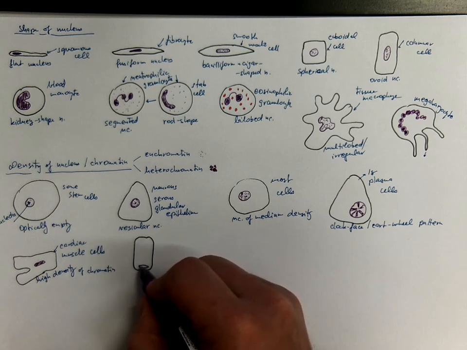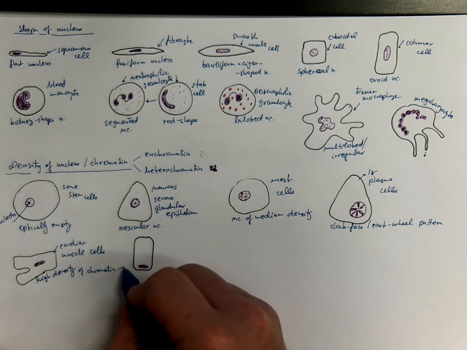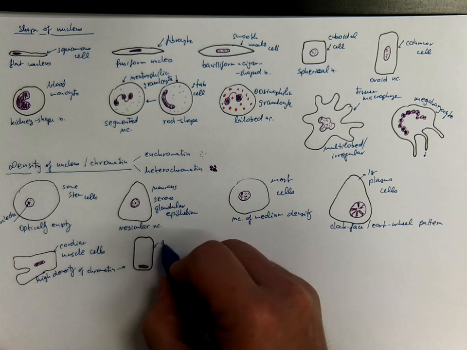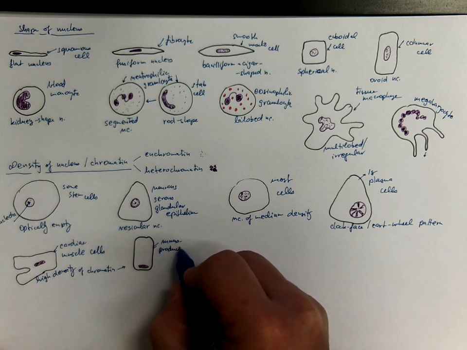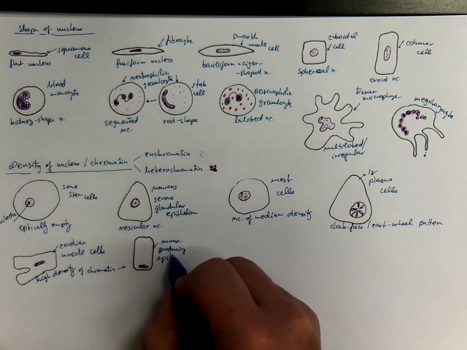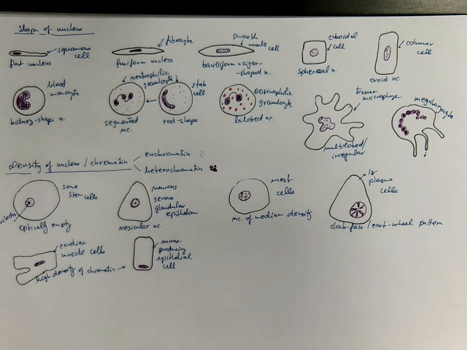The whole nucleus is usually compressed in the basal compartment and mostly consists of heterochromatin. So this is another example of the mucus producing epithelial cell as an example.